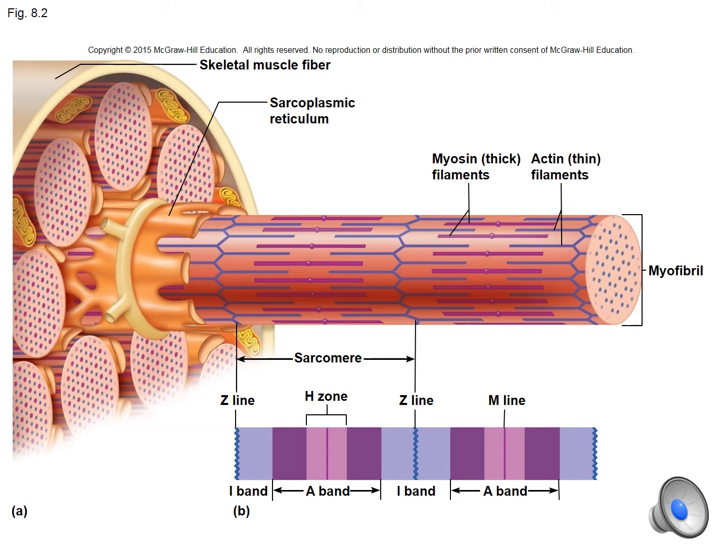The thick and thin filaments together have this sort of arrangement that you can see. It creates this pattern, and one unit of this arrangement is referred to as a sarcomere. A sarcomere is considered to be the functional unit of a muscle.